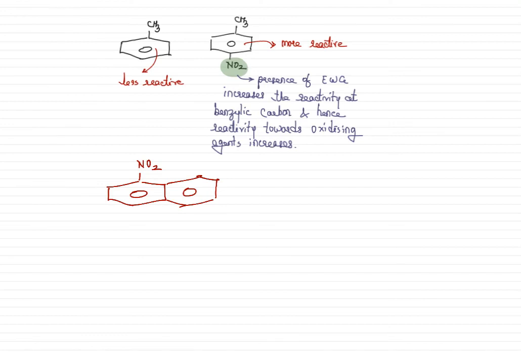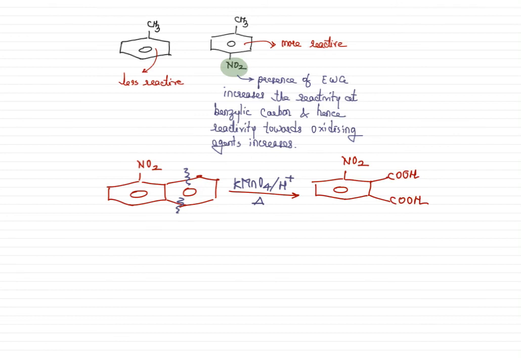Now, if I subject this for oxidation with KMnO4 and H plus, and heat, then there would be oxidation taking place here, and you find that the side chain on the ring where you don't have nitro gets very easily oxidized, and so the ring which has nitro remains intact, and you have two COOH groups. Okay, so this is something which you have to know.